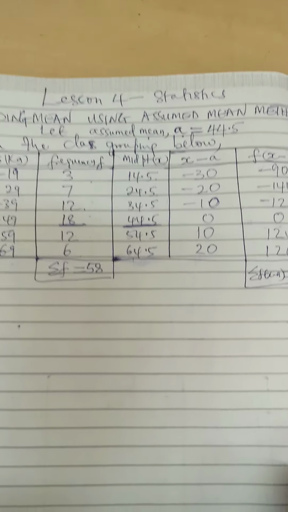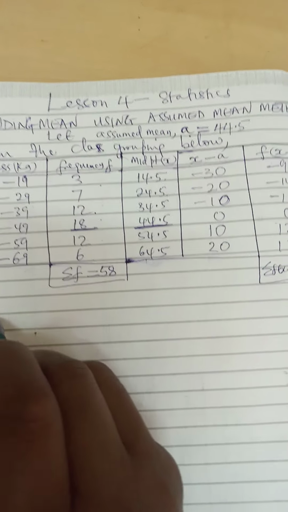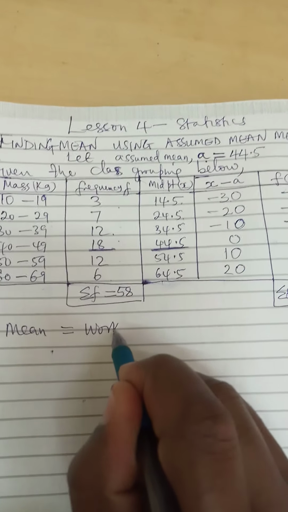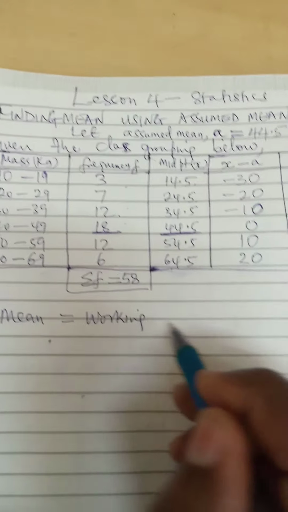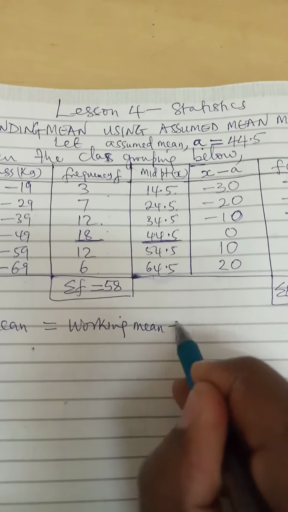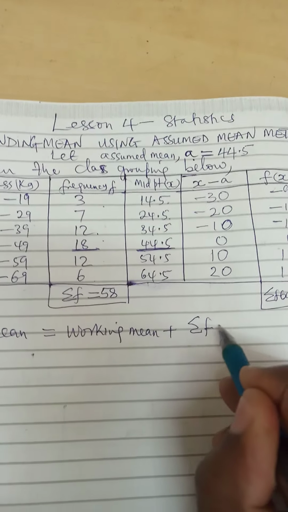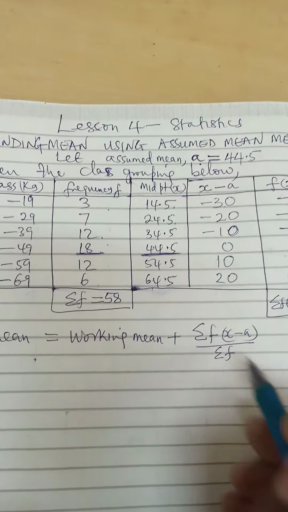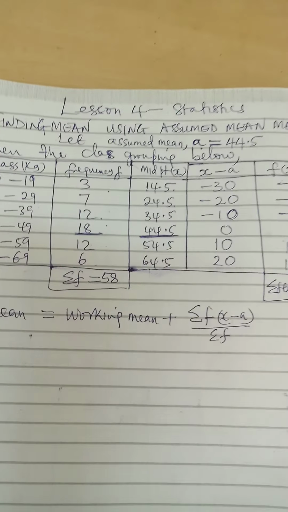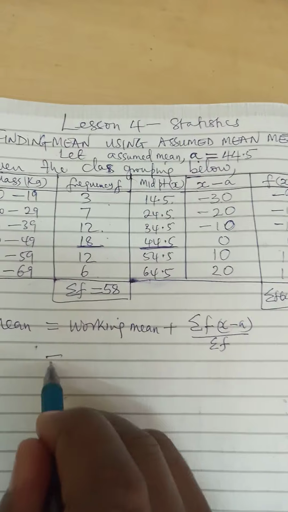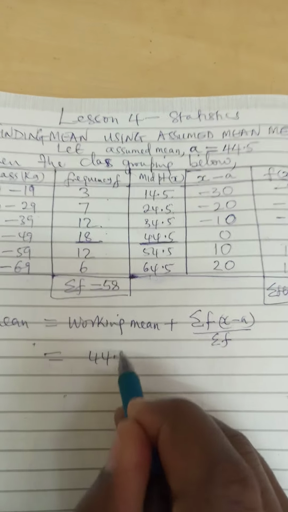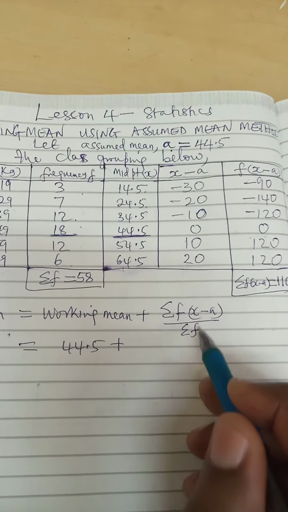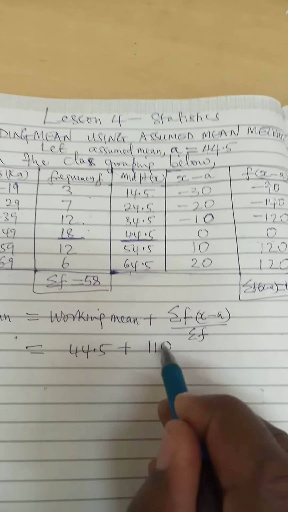To find the mean, we use the mean will be equal to the working mean, which you can also call the assumed mean, plus the summation of F into X minus A divided by the summation of F. Our working mean is known as 44.5, and our summation of F into X minus A is 110.